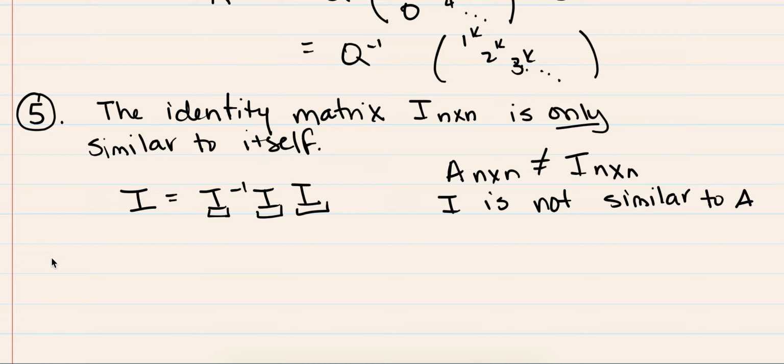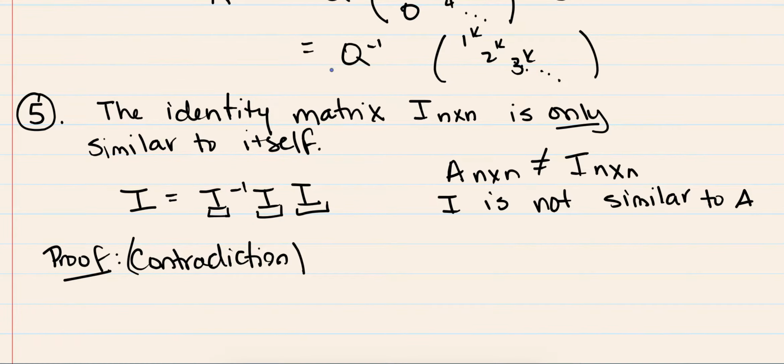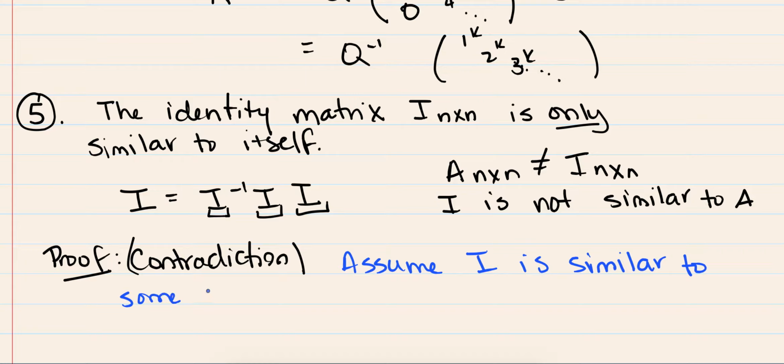Why is that? Well, let's prove it. And we're going to prove by contradiction. So what we're going to do is we're going to assume I is similar to some matrix A, this n by n, and it's not equal to the identity.